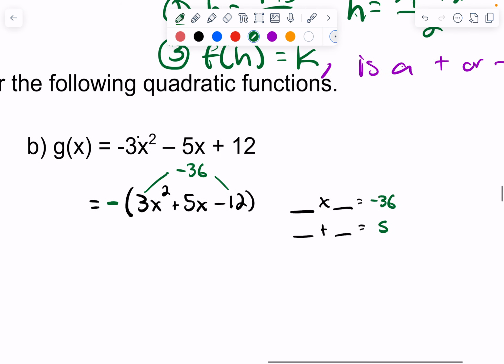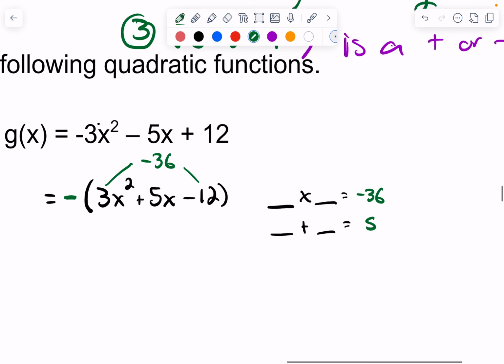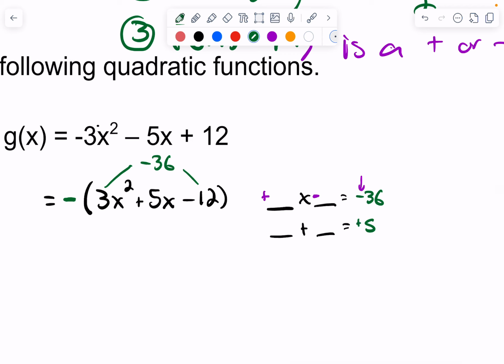So go through and think about what are your multiples of 36. And remember, because it is negative here, one of these will have to be positive and one of them will have to be negative. So doing that, and because this is also positive 5 here, you know the bigger number of the two is going to have to be the positive. So your option would then be 9 and 4. 9 plus minus 4.